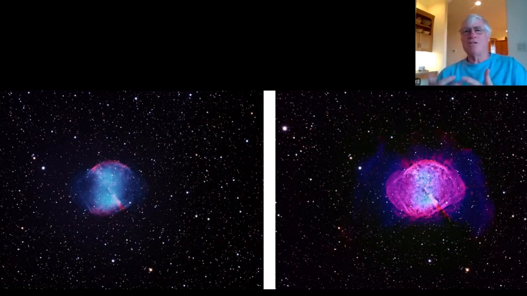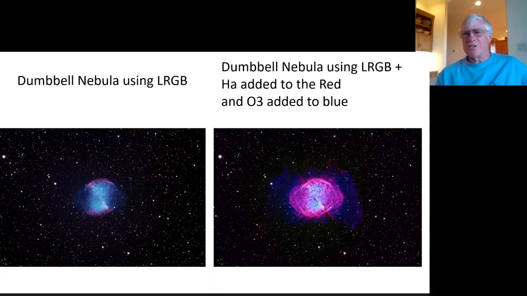So here I added some hydrogen alpha to the red channel, and I added oxygen 3 to the blue channel. Now all of a sudden you can see these clouds of extra stuff coming off it that you didn't really see in the LRGB image, which is kind of neat. This one I also did some HDR processing on, to really show some of the texture inside the nebula.